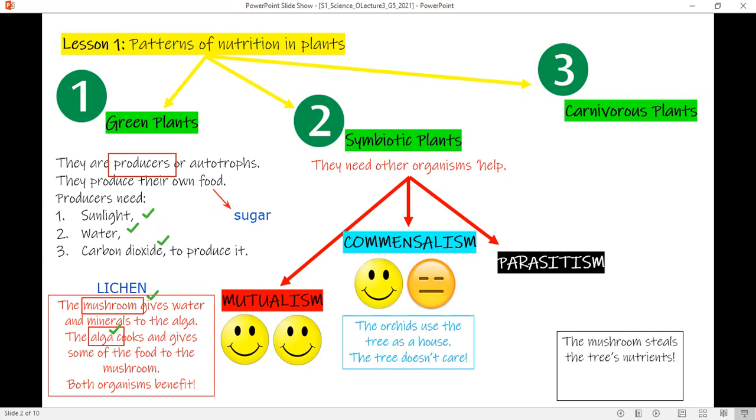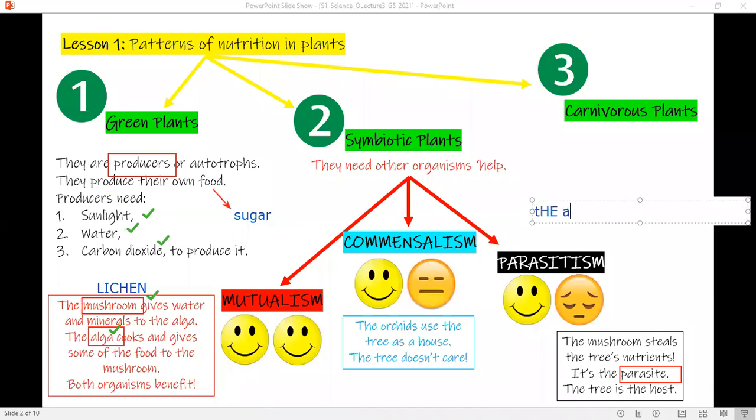Let's talk about parasitism. In this case, we have a parasite. The parasite benefits from the host. So the parasite is happy, it benefits, and the second, which is the host, is harmed. An example of parasitic relationships was the Australian Christmas tree. The Australian Christmas tree is actually a producer.